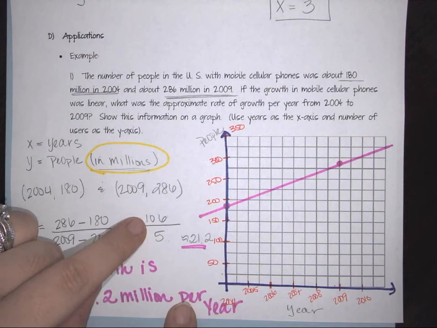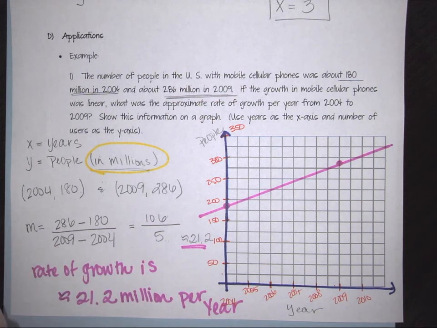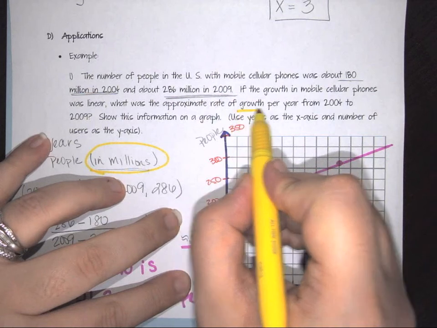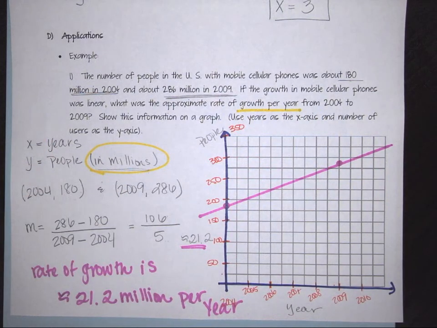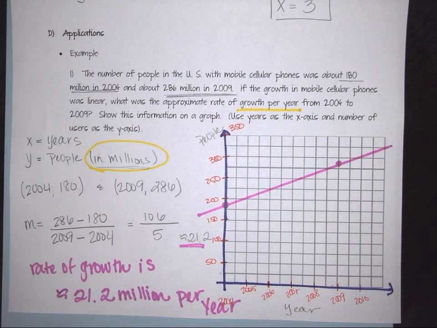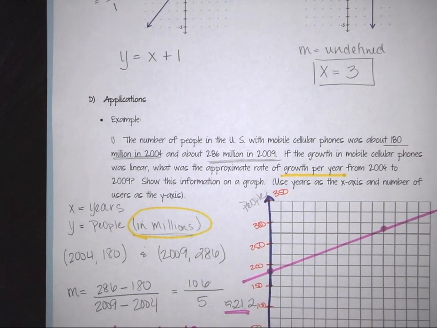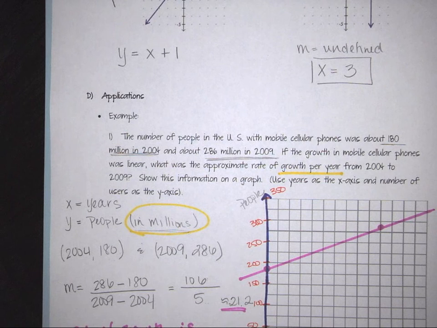So you have to pay close attention. The top number here is talking about the millions of people. The bottom is per 5 years. I want to know per year, and I'm told that here in my problem, growth per year. So to do that we have to finish the division, and we need to remember that it was in millions.